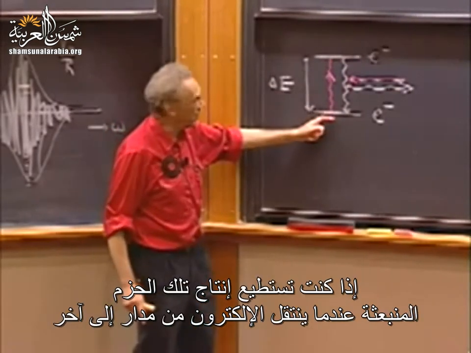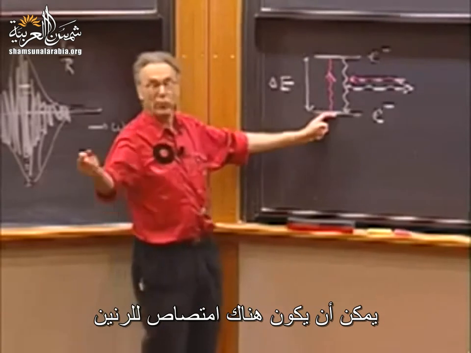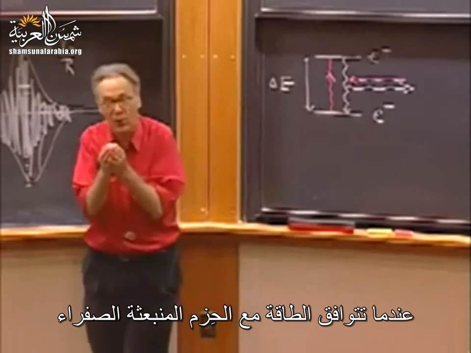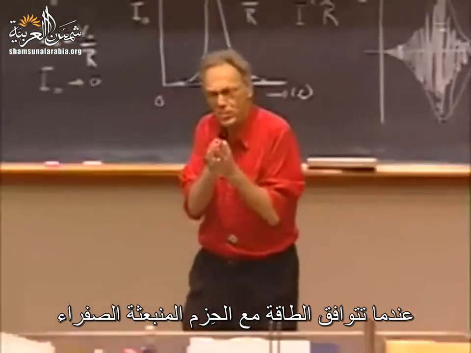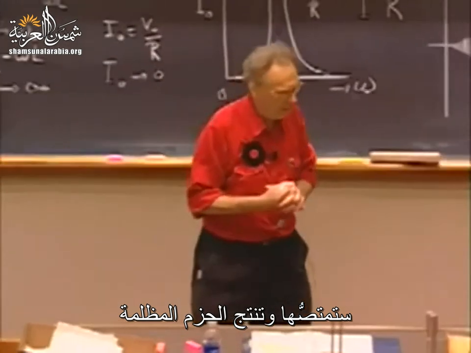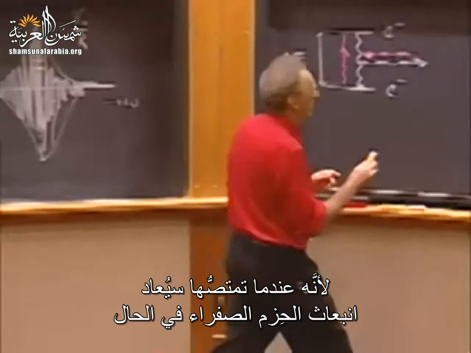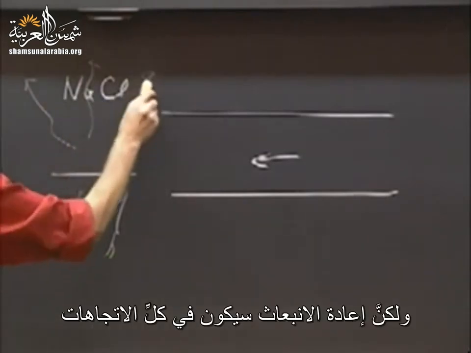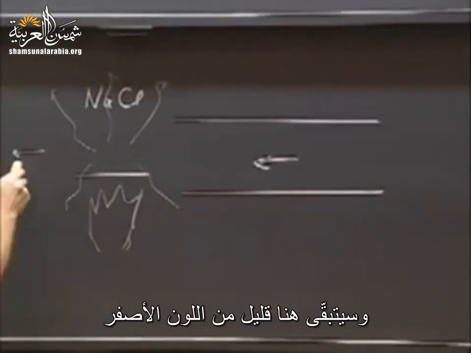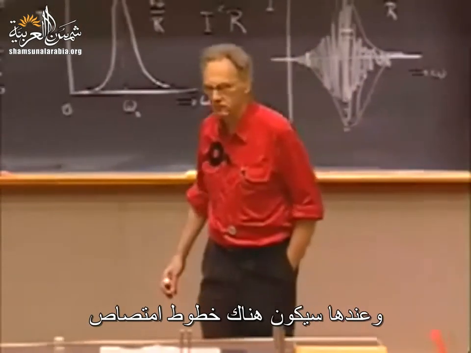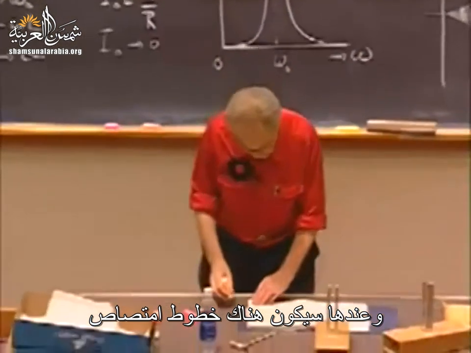So if it can produce an emission line when it goes from here to here, it can also have resonance absorption, namely when it sees that yellow line, the energy that corresponds with the yellow light, it sucks it up and it produces a dark line. Because when it absorbs this yellow line, it re-emits it almost immediately, but the re-emission will be in all directions, and so what is left over here is very little of that yellow. And so a dark line appears in the spectrum. And that then is an absorption line.